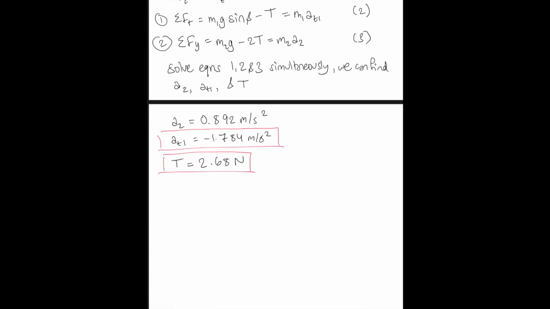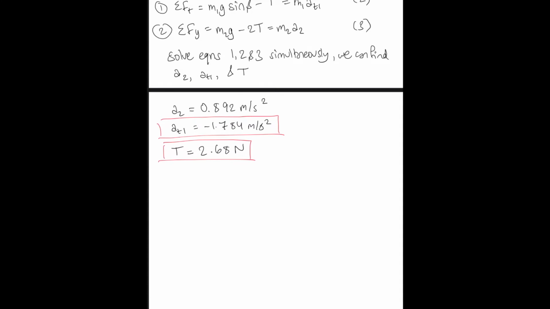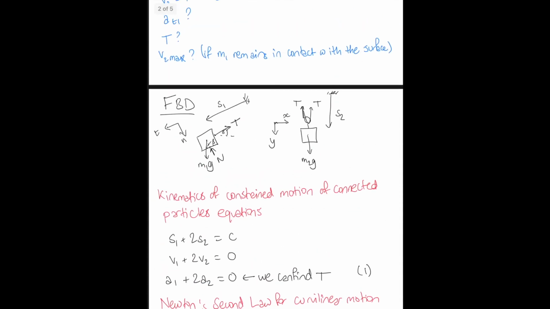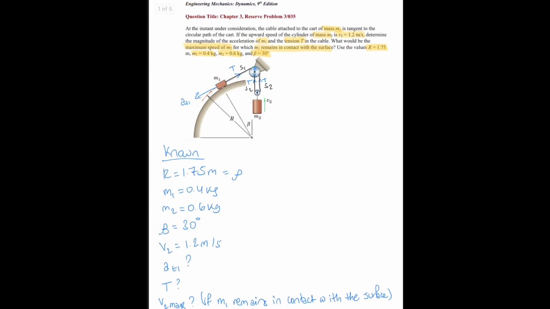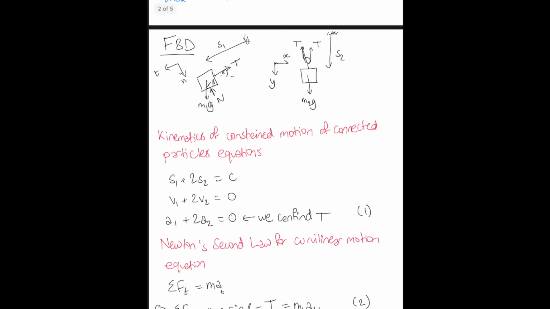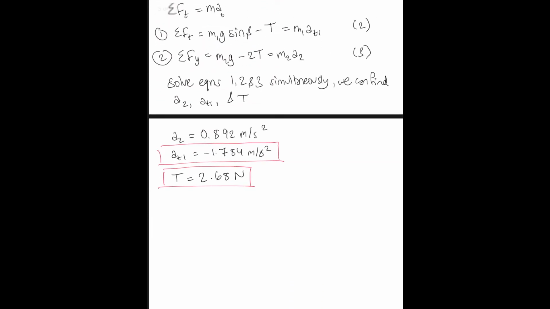Now we need to find v2 max. And to find v2 max, we need to find v1 max first, because that would be easier to find. So this is v1. So to find the critical maximum speed, we need to use the curvilinear motion equations.